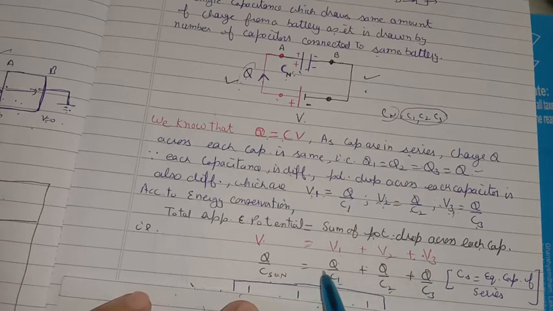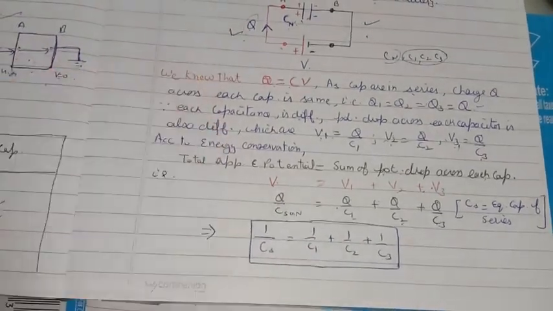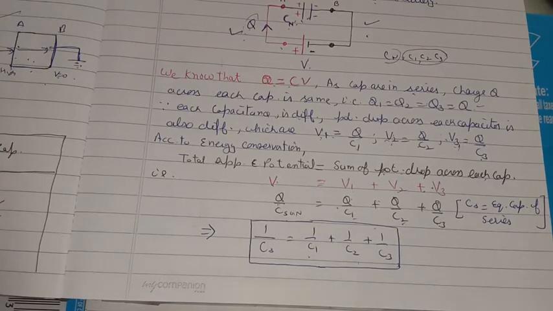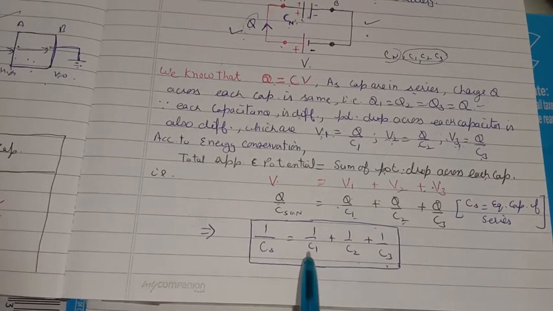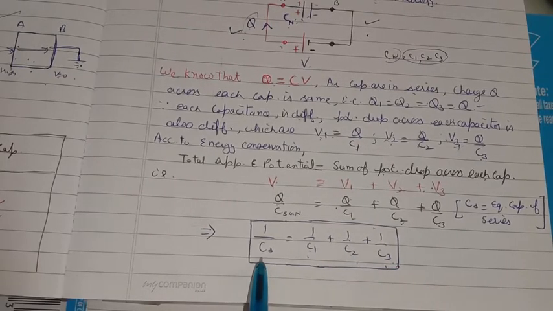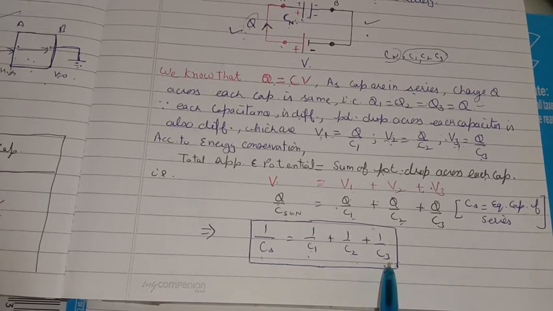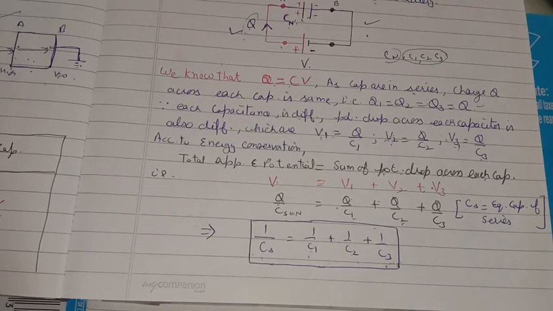Q is common on both sides, so it can be cancelled. So we are left with 1 by Cs equal to 1 by C1 plus 1 by C2 plus 1 by C3. This is the mathematical relation between C1, C2, C3 in order to get the net capacitance in the series combination, which says that the sum of the reciprocals of the individual capacitances gives us the reciprocal of the net capacitance.